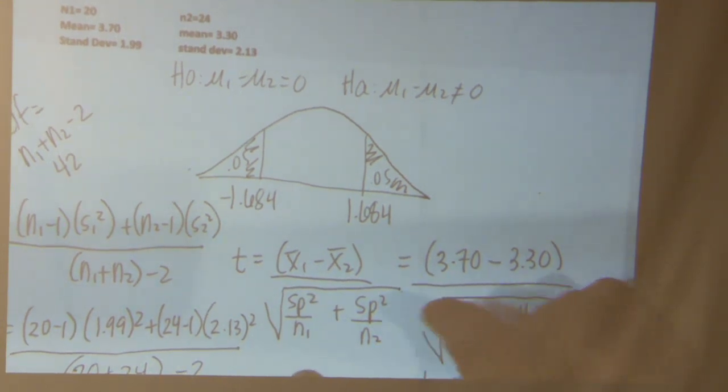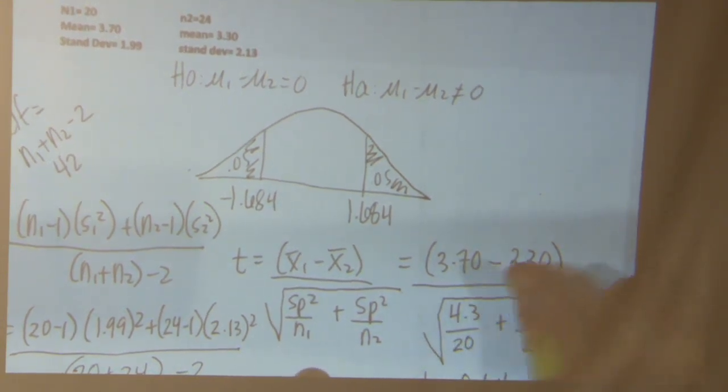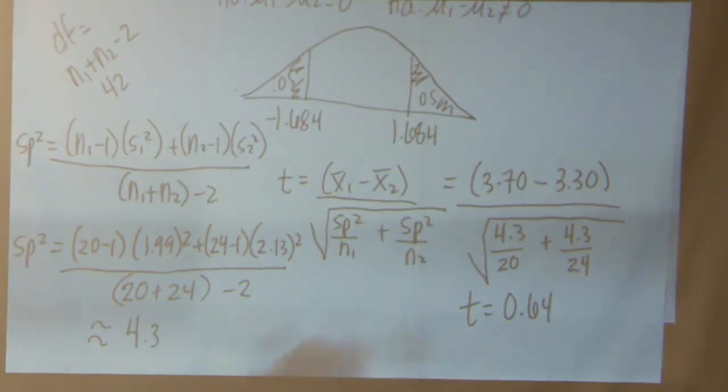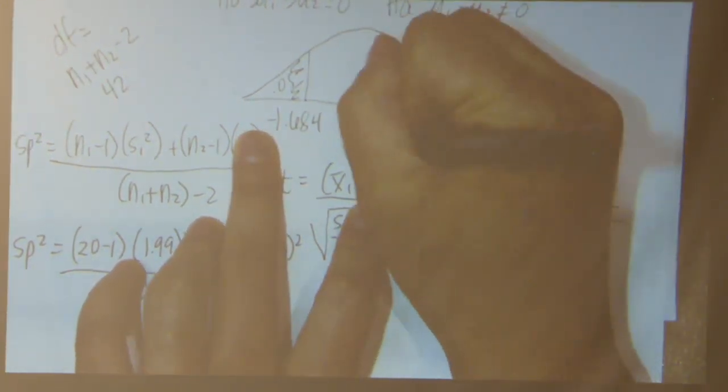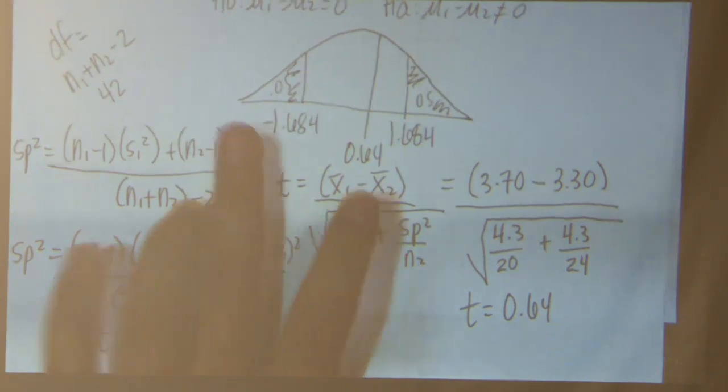So we should get a t-value of around 0.64. Then we can place that on our graph. So 0.64 is not going to fall in the rejection region, so we can fail to reject the null hypothesis.